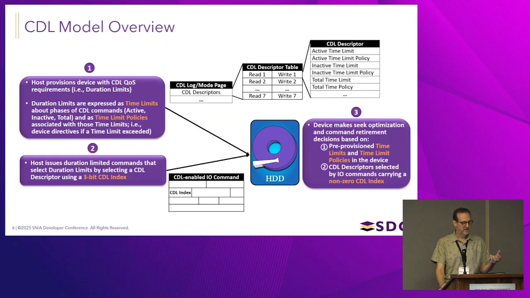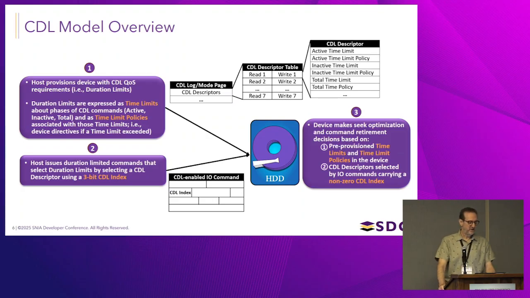Those phases, I'll talk about them a little bit more, but there's active, inactive, and total phases in the life of a command. So you have time limits and you have time limit policies. And policies are associated with the various time limits. And they're really device directives on what happens if a time limit is exceeded.